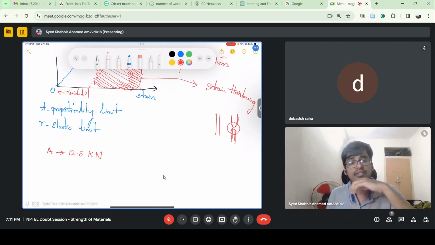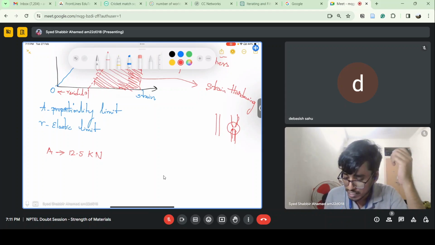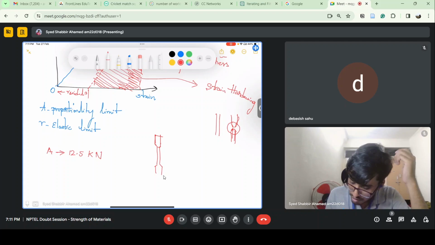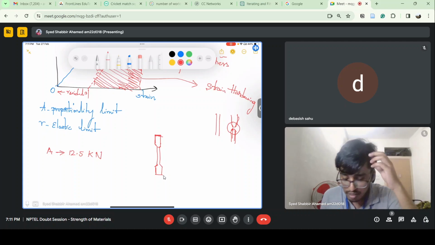The specimen on which the experiment was conducted is a dog bone sample. Whenever you do a tensile test, you take this kind of specimen. It is called a dog bone specimen because it simply resembles a dog bone.